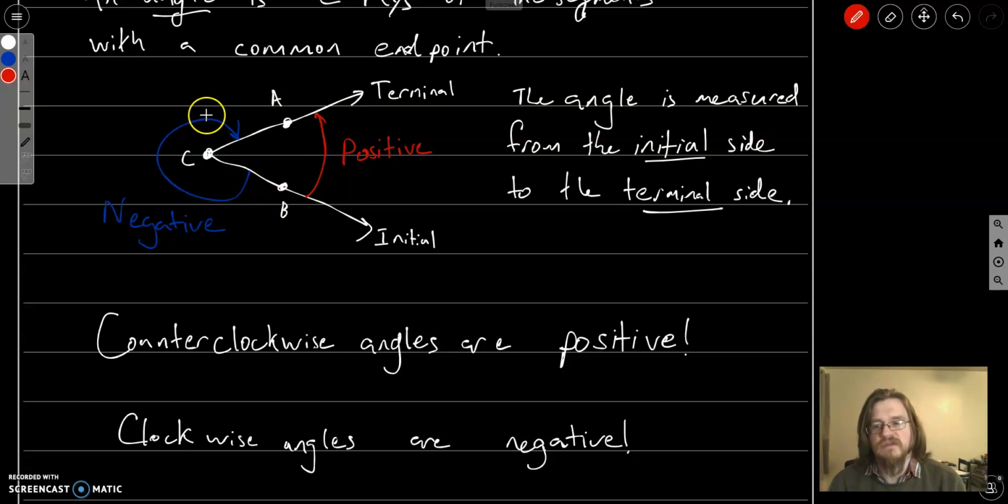We'll describe them with different numbers, but ones that are going counterclockwise are always going to be positive. Ones that are going clockwise are going to be negative. This is just a choice that mathematicians have made at some point. There's no reason why this should be the positive direction and this is the negative direction.